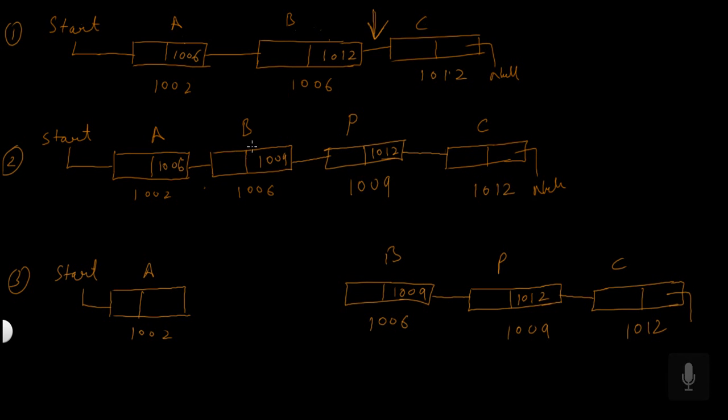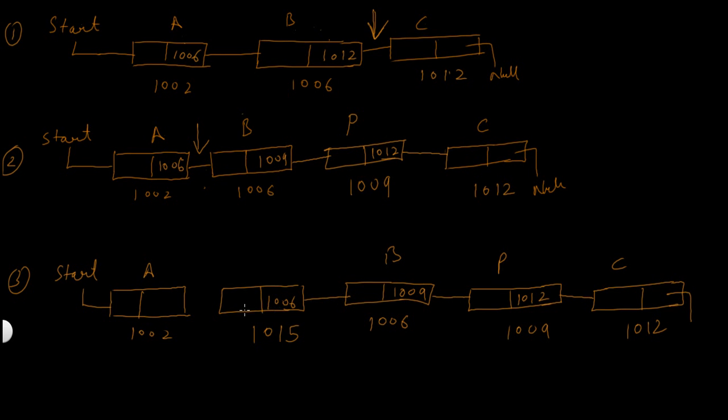Now let's say I want to add a new node before node B. So a new node will be inserted here between node A and node B. So let's say a new node is created and its address is 1015. Now the link part of the new node will store the address of its next node, which is this.